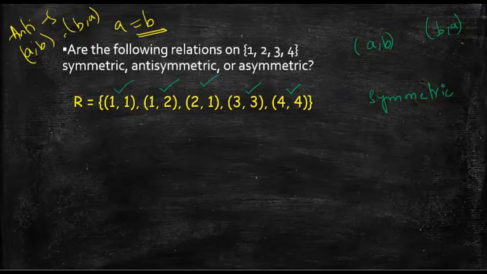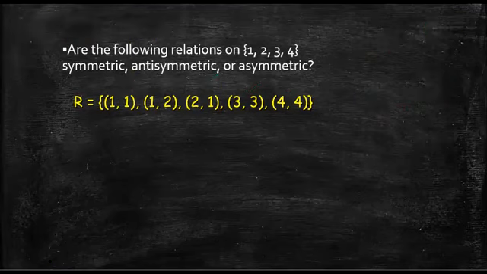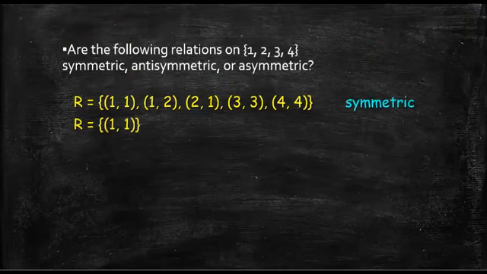Let's see the next question. This is symmetric. Now the next one is 1 comma 1. Simply the ordered pair 1 comma 1. In this case, we have to check first for symmetric. A comma B is 1 comma 1 and B comma A is also 1 comma 1. So it is symmetric.